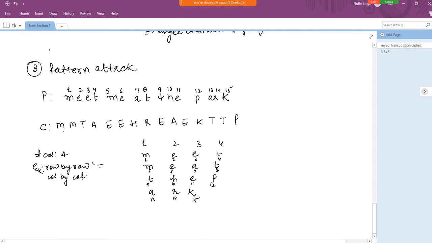So what will be the corresponding ciphertext? That is M, M, T, A, and the index values are 1, 5, 9, 13. Right? It goes like this: 1, 5, 9, 13, 2, 6, 10, 14, 3, 7, 11, 15, and 4, 8, 12.